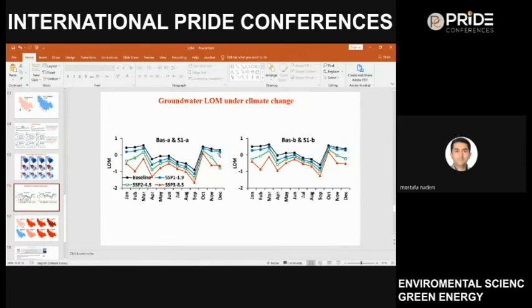I mean that when I use the best case of climate change, the level of warming is at the lowest level. So again, increased water use efficiency increases the LOM in such a manner.